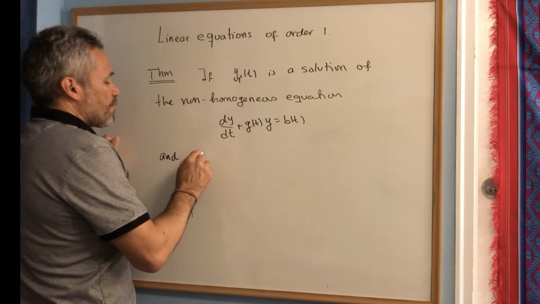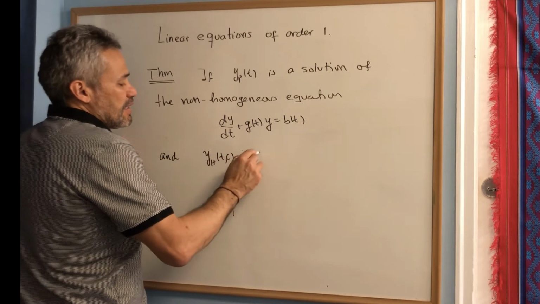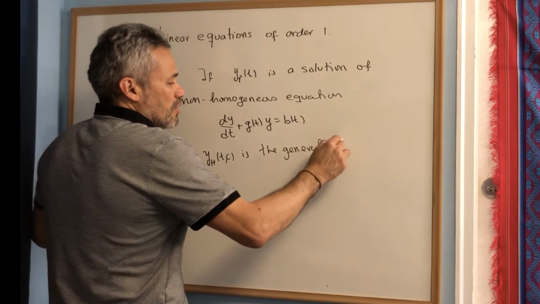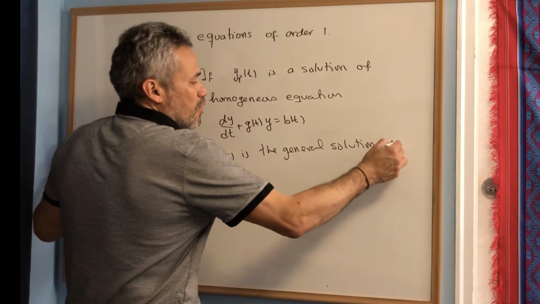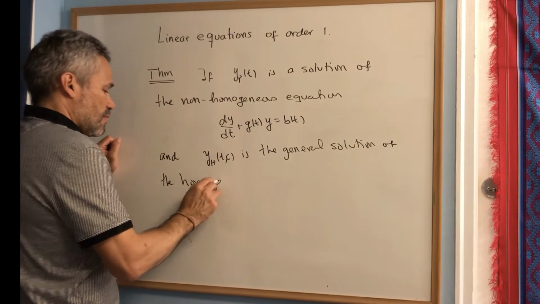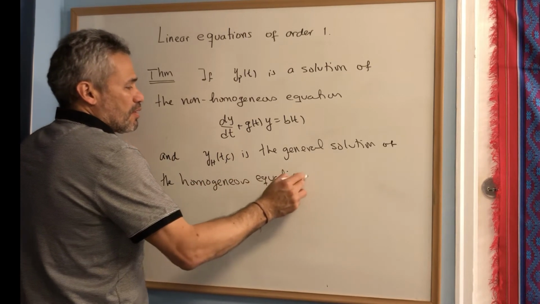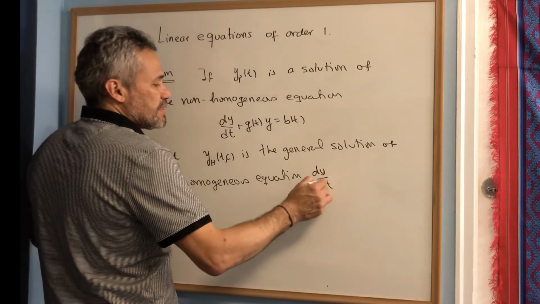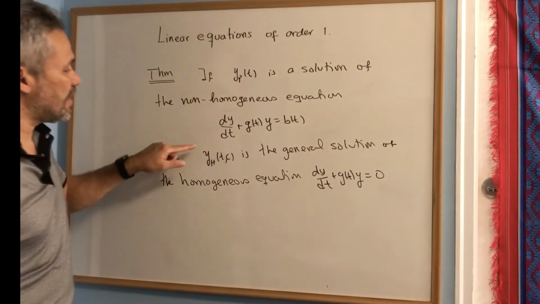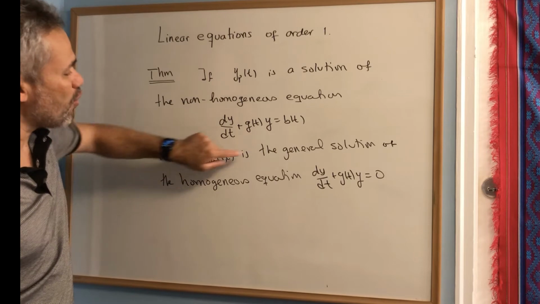let's say y_h(t, c) is the general solution of the homogeneous equation dy/dt plus g(t) times y equals 0. Notice that for the homogeneous, I'm requesting to find the whole general solution.